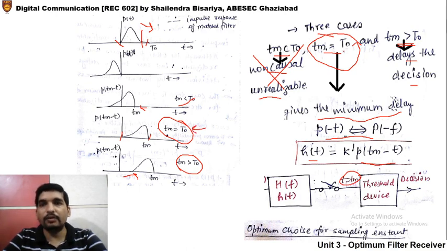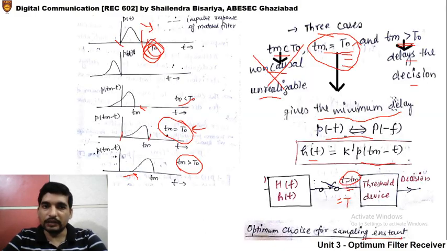So Tm equal to T0 is your best sampling instant. We can conclude from this that the optimum choice for sampling instant is that Tm must be equal to the time period T0 of your input pulse. Clear?